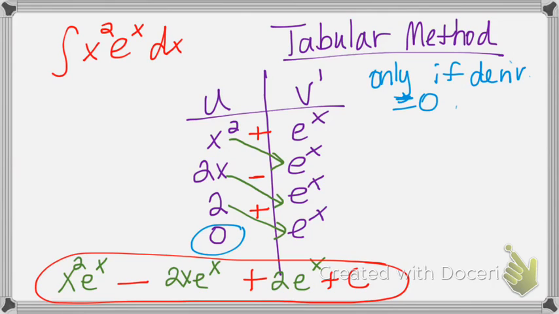Let's do another one. Alright, that's number 5, so let's do another one. Number 6. The integral of x squared minus 1 times sine of 4x.